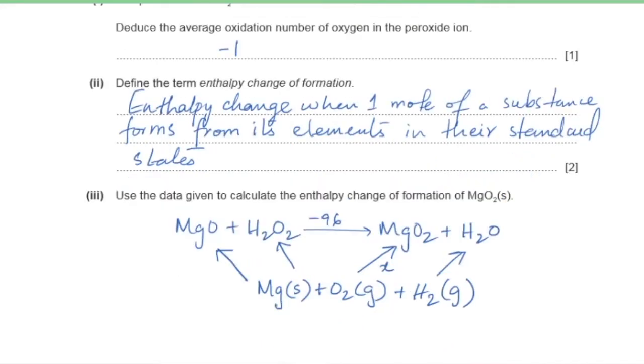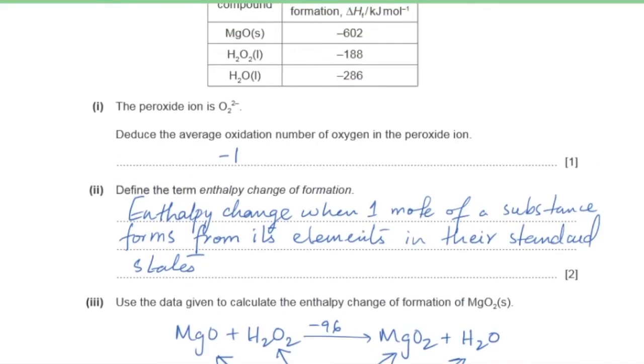Now we are also supposed to balance all these three parts. There is just 1 mole of Mg on all three sides, and there are 3 moles of oxygen. So I'll add 3 by 2 over here, and 2 moles of hydrogen. Okay, that's balanced now. Now I'll start labeling these arrows with their respective values.